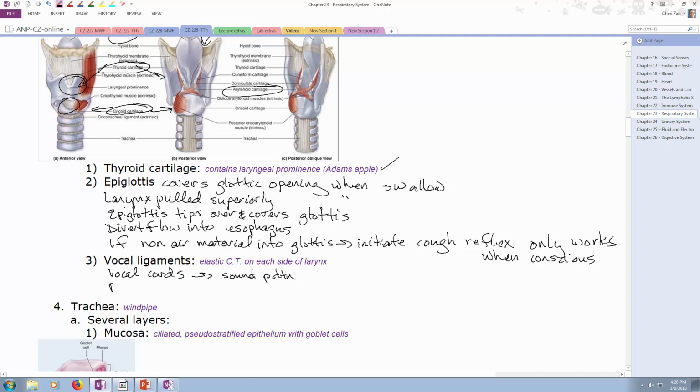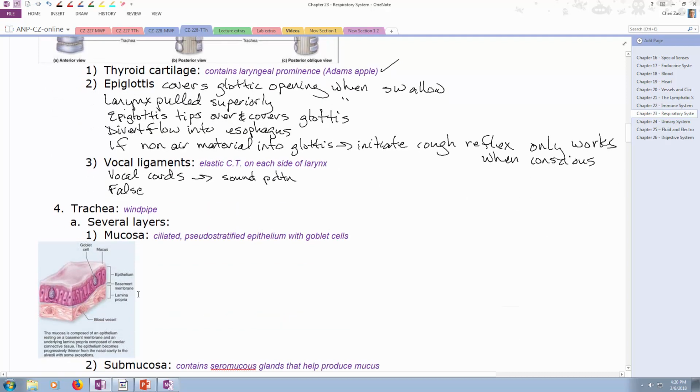We have some false vocal cords just above. And this is the same also in the cat. So when you first look in, what you think are the vocal cords or folds are false. So what you first see is wrong because the other guys are down a little bit deeper.